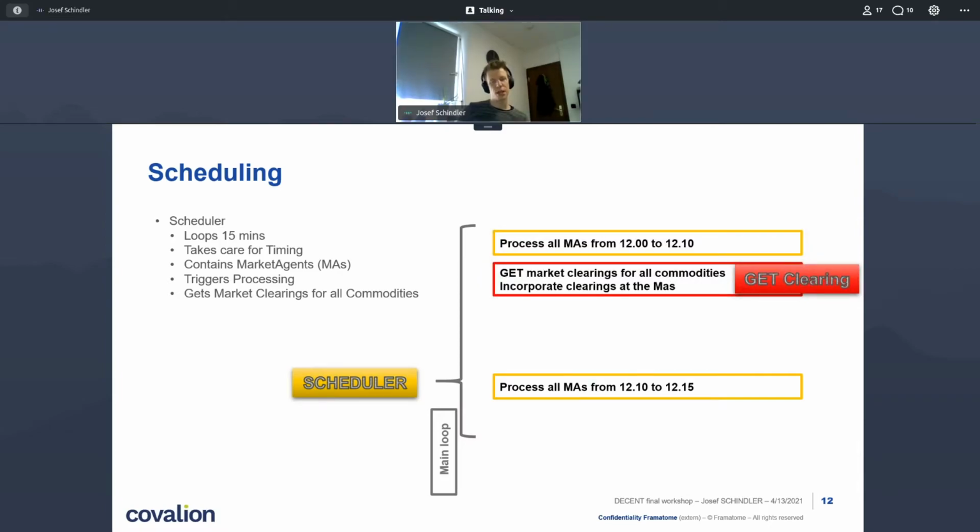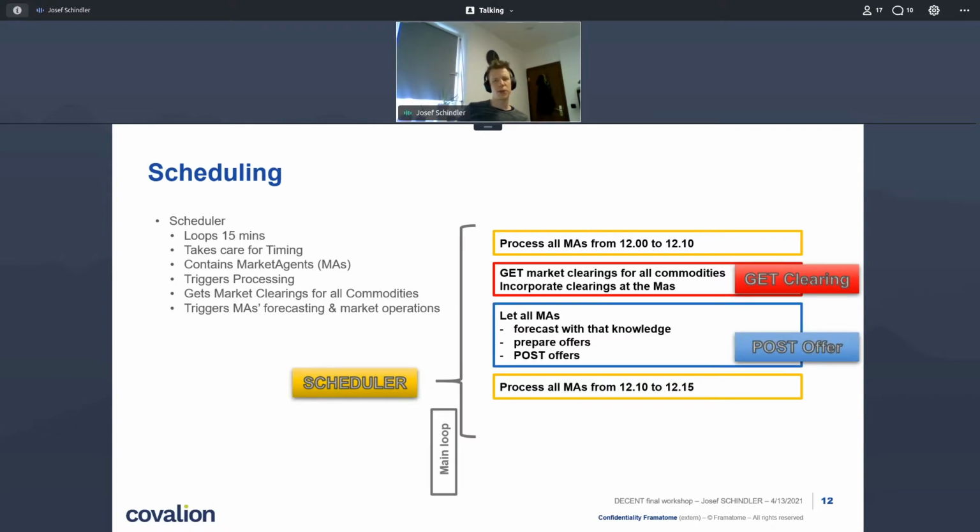The scheduler, because it contains several market agents, gets the market clearing and incorporates the clearings at the market agents. It also triggers the forecasting of the physical models inside the market agents and the logging.